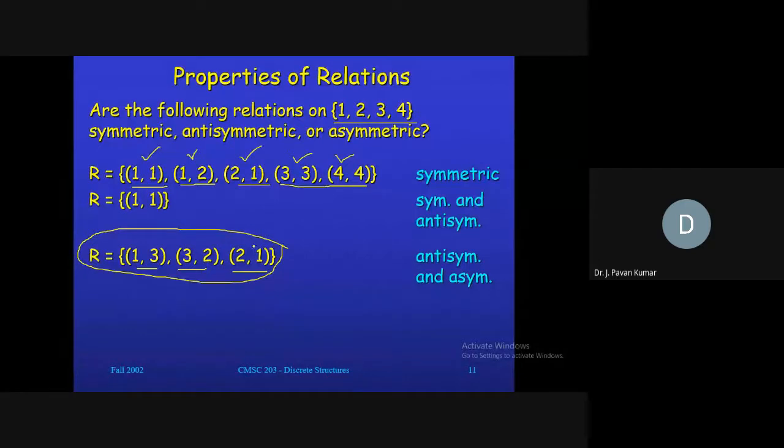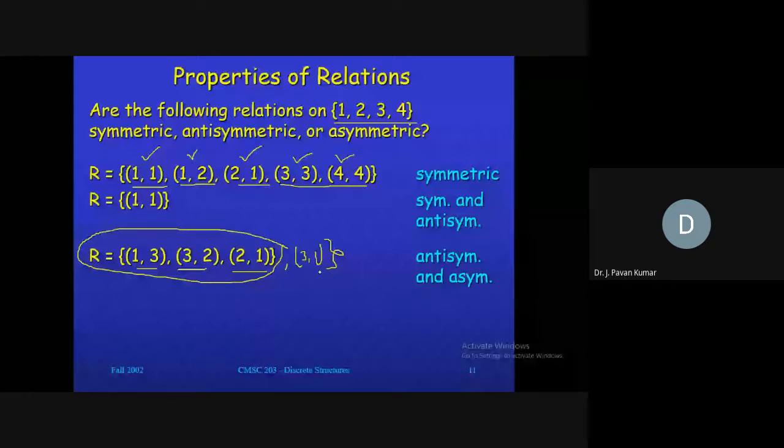Is this asymmetric? Yes. Why? Because for any pair (A, B), we do not have (B, A) as part of the relation. So it is asymmetric. Now, in the case where (1, 3) is there and (3, 1) is also part of the relation, along with (3, 2) and (2, 1), can we say this is symmetric?